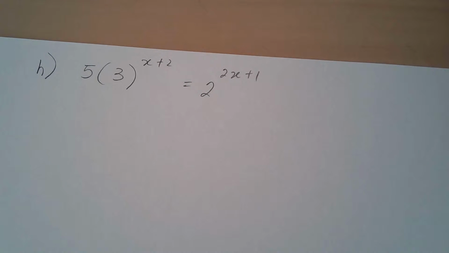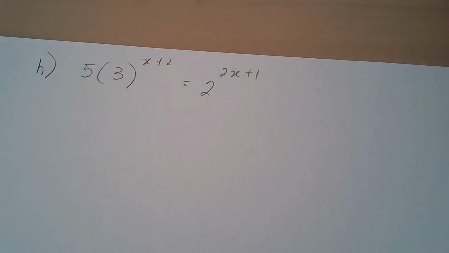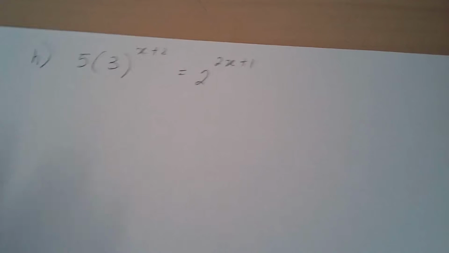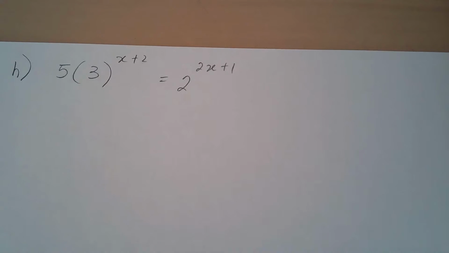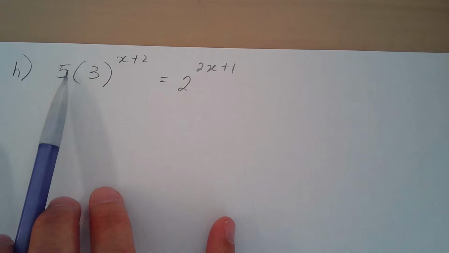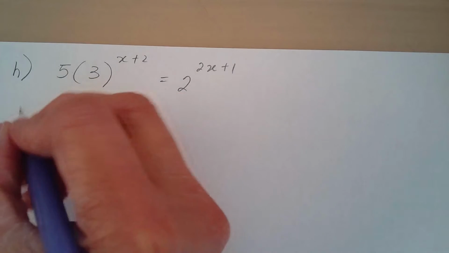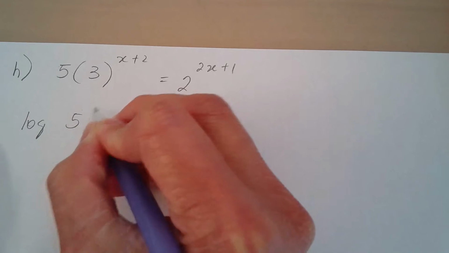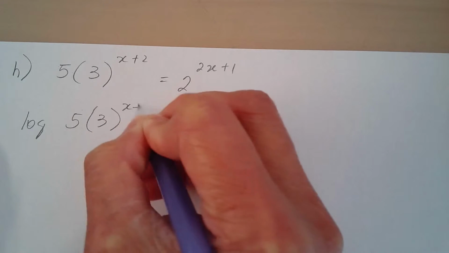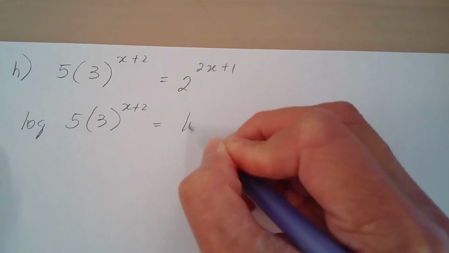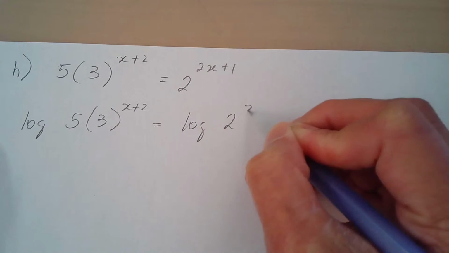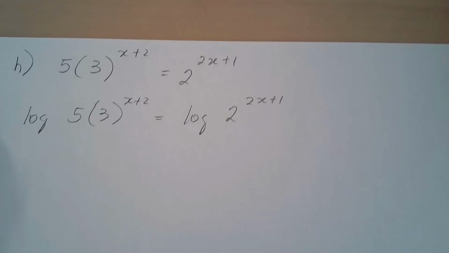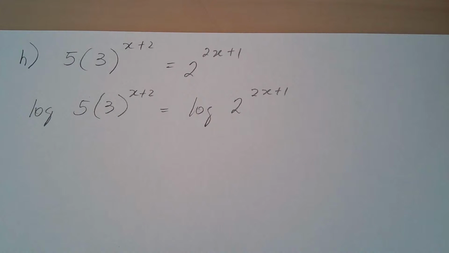So 5 times 3 to the exponent x plus 2 equals 2 to the 2x plus 1. Okay, excellent. So what can we do? We can apply the log of 5 times 3 to the x plus 2 equals log of 2 to the 2x plus 1. Base 10. Yeah.